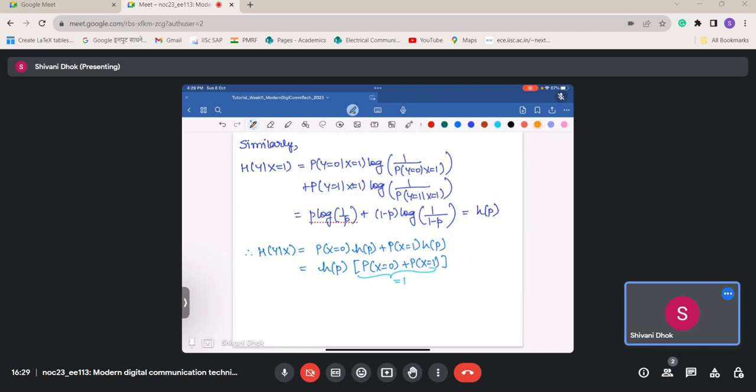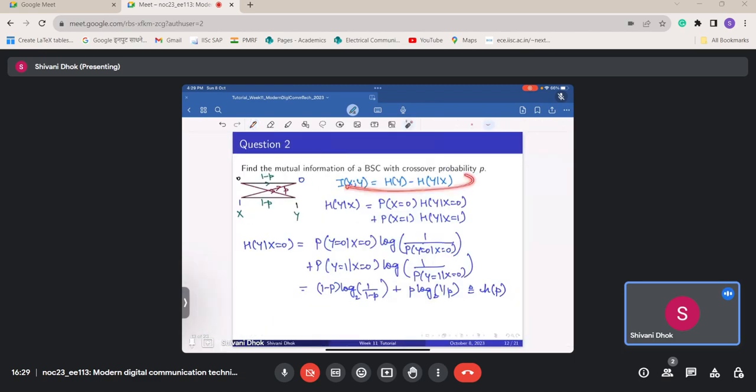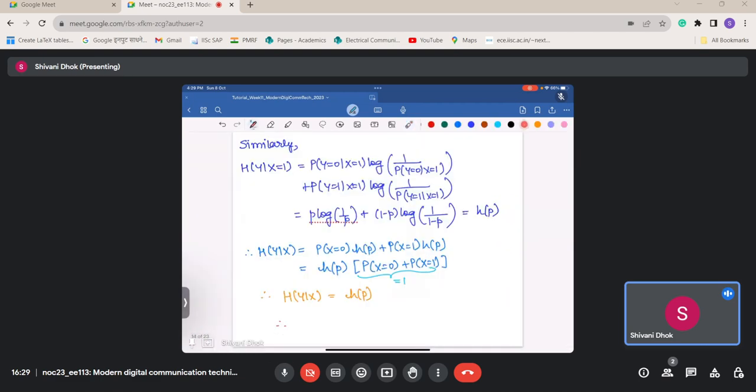Therefore H of Y given X is equal to Hp, and therefore if we see the equation of mutual information, we have mutual information as H of Y minus H of Y given X. So this is the mutual information that we are having. Any questions?